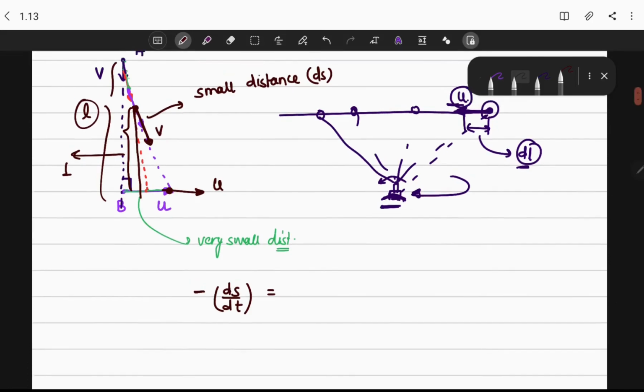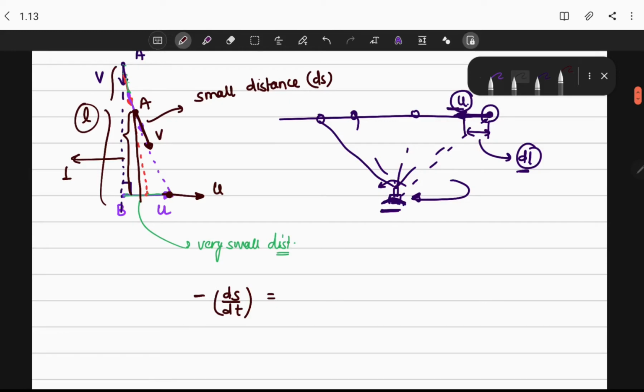What is the relative velocity of A in that direction? If we take the component of velocity of B, and let us assume that this particular angle is theta, then this particular component is u cos theta.